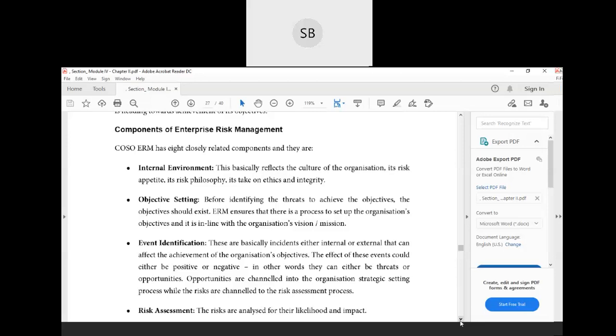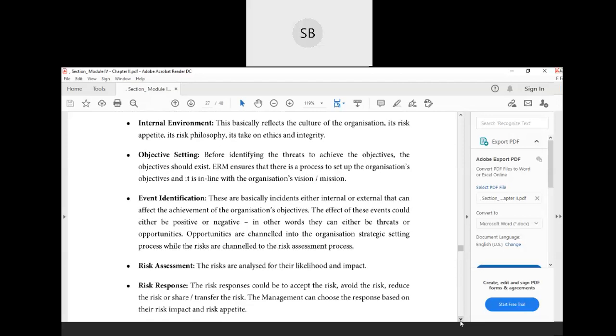of the organization. Okay, next you have to assess the risk. Once you have identified the risk, say an internal risk, suppose you hired employees who are not equipped with the technology that your company is using, right? In that case, you have to find the impact of it.